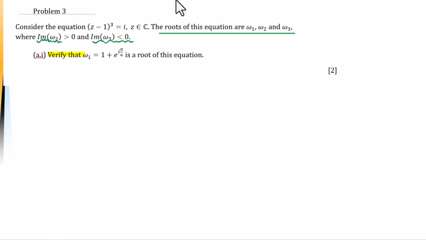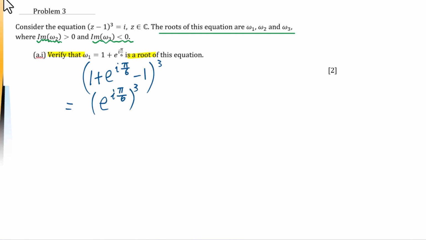Verify it's a root. You just need to do the substitution. Since 1 + e^(iπ/6) minus 1, to the third power, equals (e^(iπ/6))^3, which is a power of a power, so do the multiplication: e^(iπ/2).